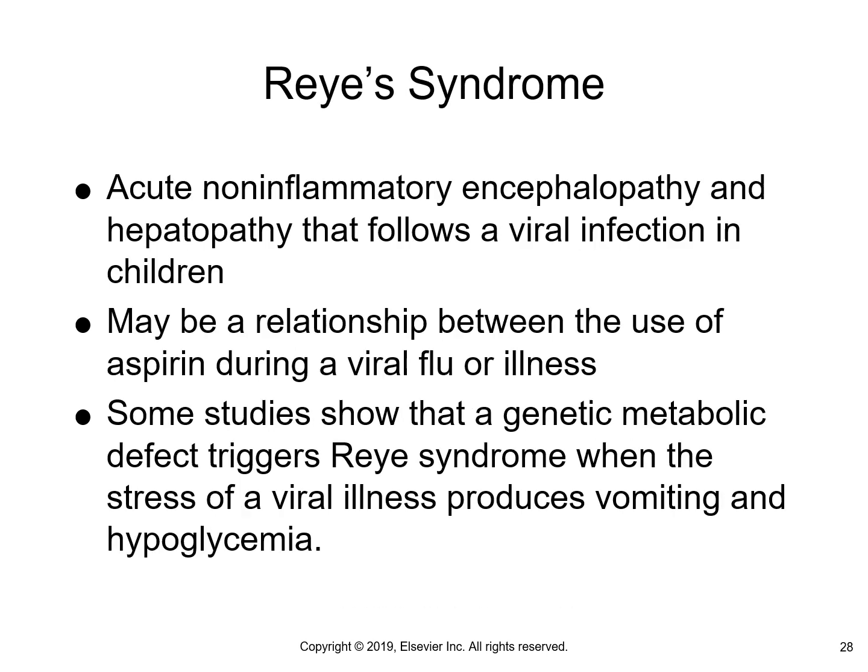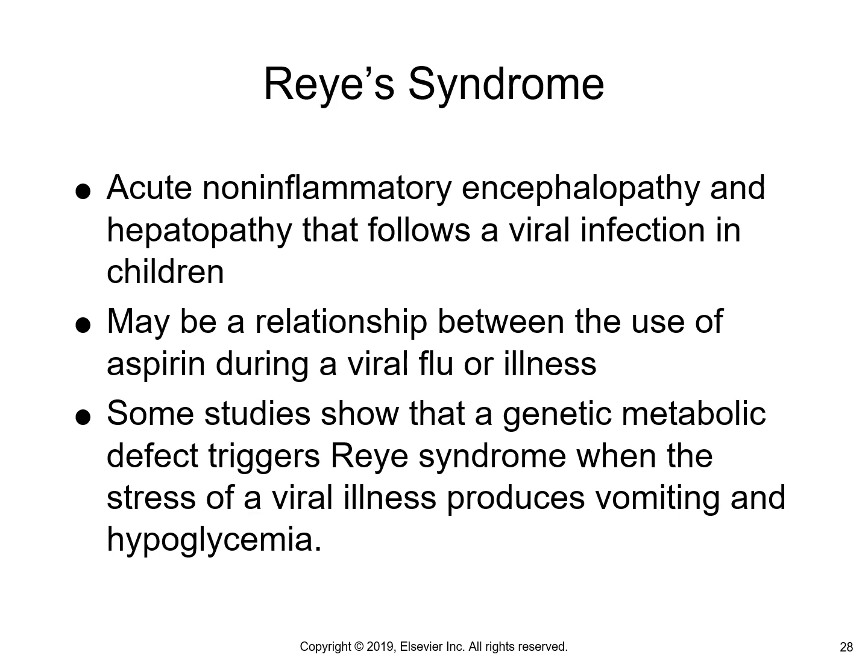Okay, Reye's syndrome. Reye's syndrome is an acute non-inflammatory encephalopathy and hepatopathy that follows a viral infection in children. There's a relationship between Reye's syndrome and the use of aspirin during a viral flu or illness that might cause Reye's syndrome.